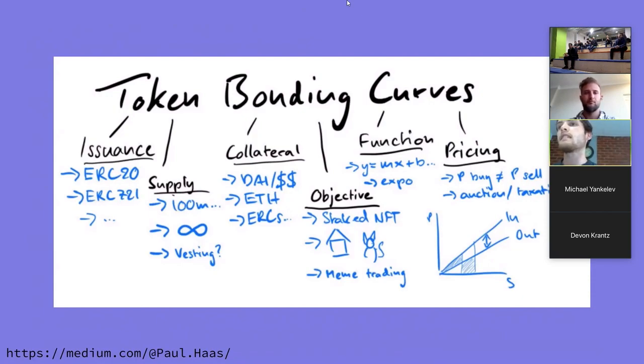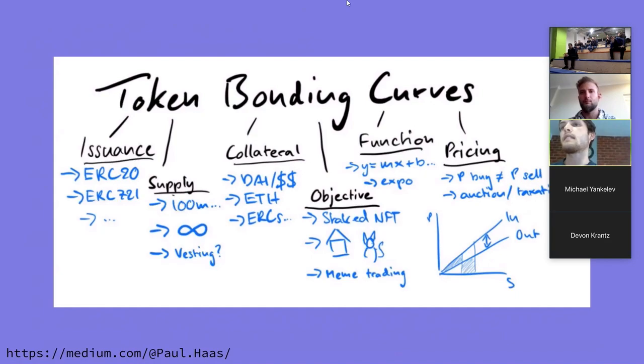So if we look at these design parameters here, there are about 6 design parameters. Issuance, which is what Ryan has already talked about. That's basically what token you want to use as the issued token in the bonding curve. The supply, so you can say, okay, I want to have a maximum token supply of 100 million. You could have an infinite token supply.